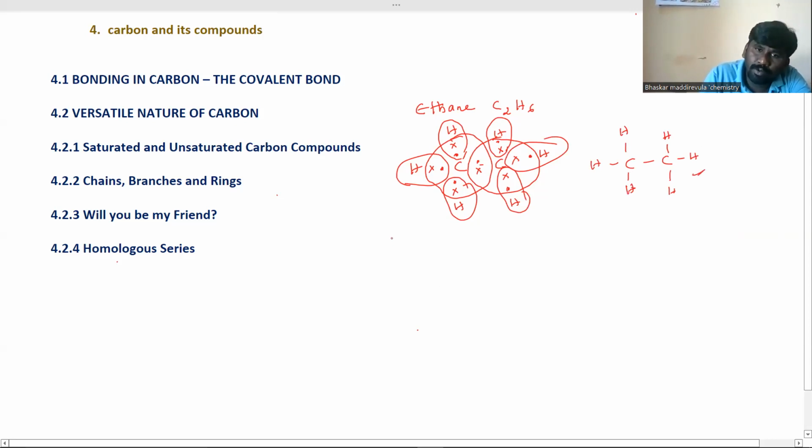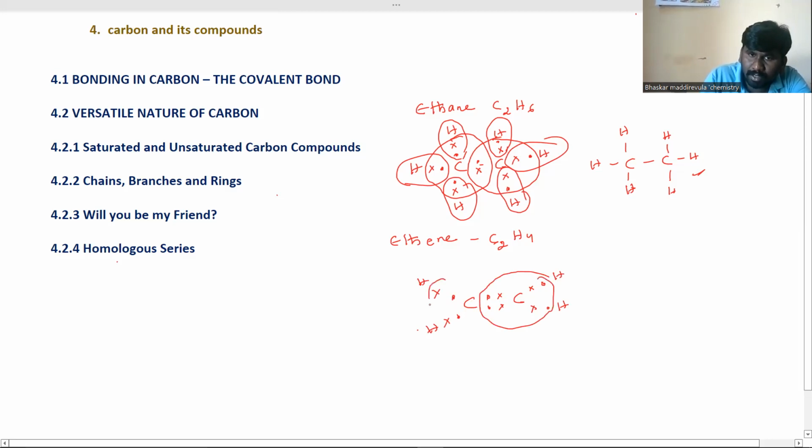In the same way, look at the Lewis dot structure of ethene, C2H4. In the ethene molecule, two electron pairs are shared between the two carbons, and the remaining two electrons of each carbon are shared with hydrogens.